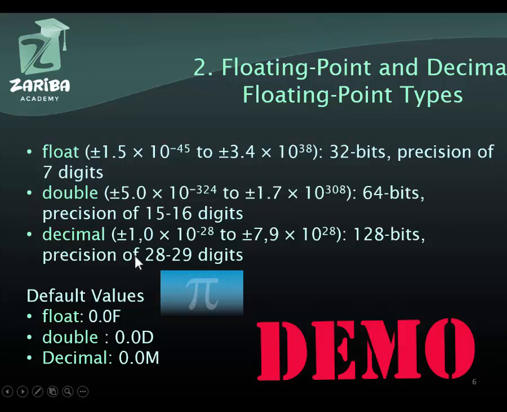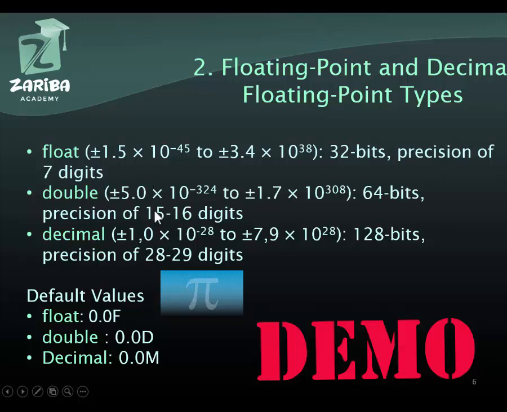So why does C# not use decimal as a default data type, but it uses double? Because decimal probably is quite large for the RAM. That's the only explanation I have, but it may be something else. In any case, double is the most popular one.